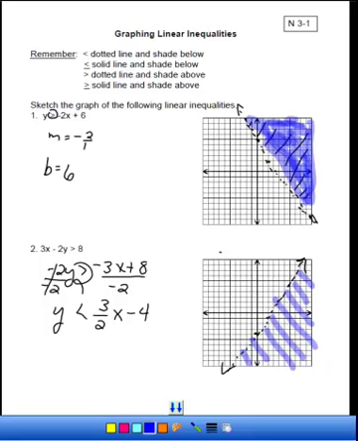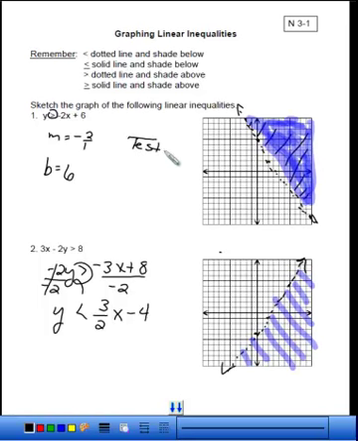Now, suppose you don't remember and you think, I just don't know where to shade. It doesn't make sense. Well, you can use what we call a test point. A test point is a good check for yourself. If the origin is free, use 0, 0 as your test point. What you do is put that x and y in your equation.